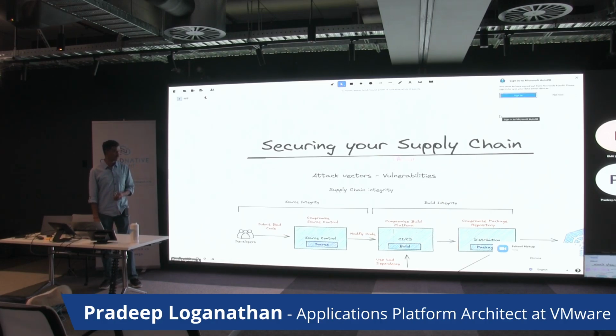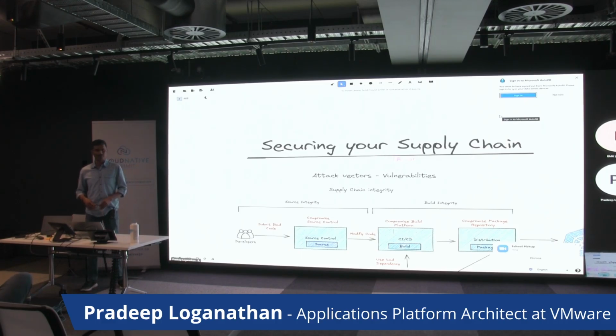From a supply chain perspective, how many people here are platform operators or people who run platforms for development teams or create supply chains? Okay. How many people here? Can you folks at the back hear me? Sorry about that. Okay.